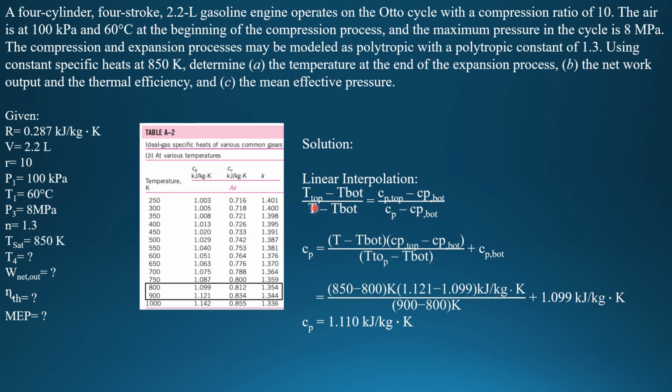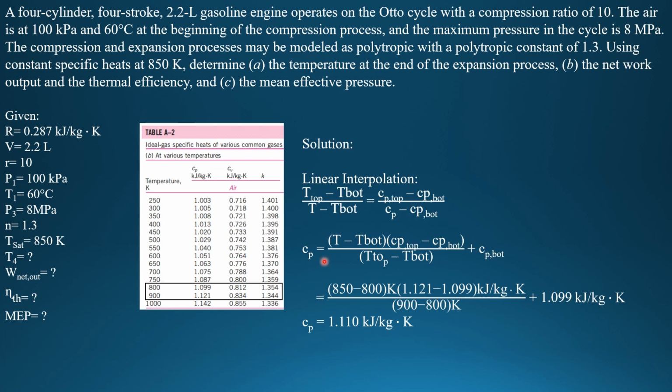Here is the equation. The temperature top minus the temperature bottom over the temperature of our saturation minus the temperature bottom is equal to the constant pressure specific heat of the top minus the constant pressure specific heat of the bottom over the Cp that we will be finding minus the constant pressure specific heat in the bottom.